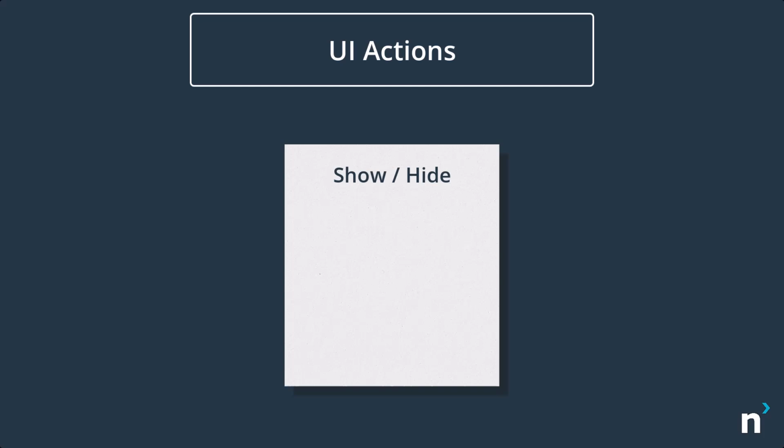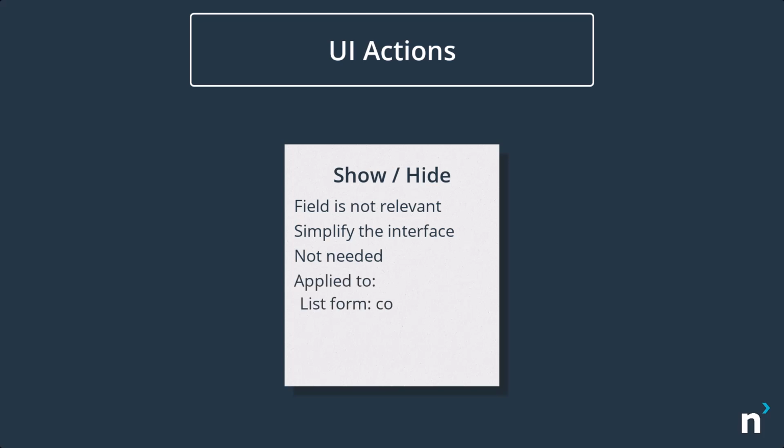Show and Hide actions are especially useful when a field is not relevant based on previous input, you want to simplify the user interface, or certain information needs to remain hidden unless needed. These actions are typically applied to columns on the application's list form, and to individual fields, rows of fields, pages, or actions on the application's detail form.